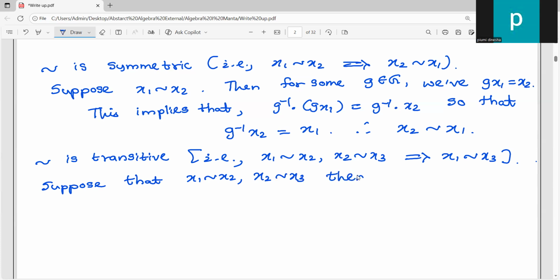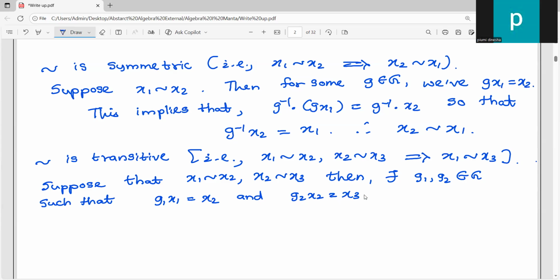Then by definition of this tilde, we have two elements G1, G2 in the group such that G1 x1 is equal to x2 and G2 x2 is equal to x3. Now we have to find some element G in the group such that G x1 is equal to x3, right? We have to find that.